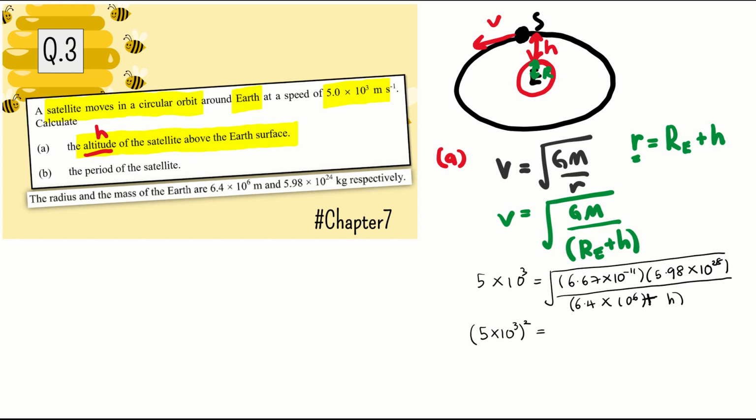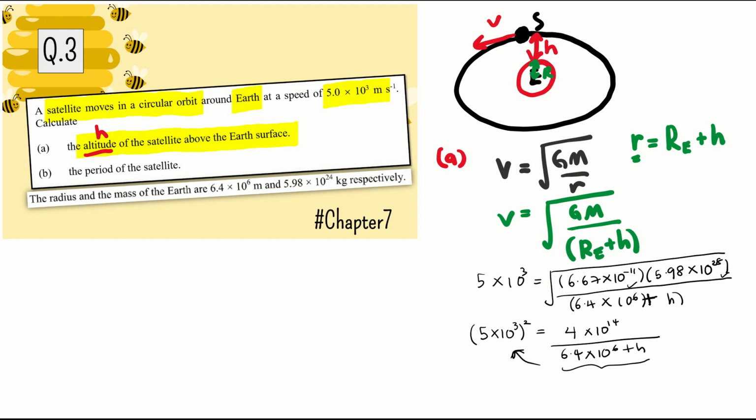We multiply these two values, then we have 4 times 10 to the power of 14 over 6.4 times 10 to 6 plus h. Then we multiply everything with the number on the left side.